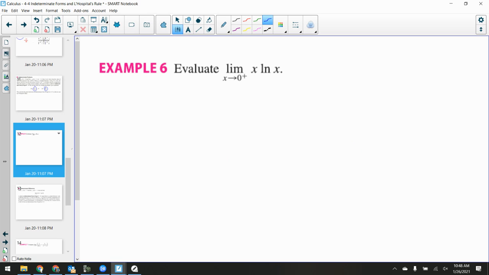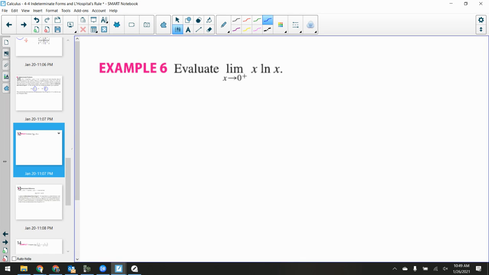Like for example here, if you've got the limit as x goes to 0 from the positive direction of x ln of x. See, I can't use L'Hopital's rule here because I don't have a fraction, right? But if I try to take the limit, this is going to 0, and then what happens when I try to take the limit as x goes to 0 of ln of x? Can I plug that in directly?